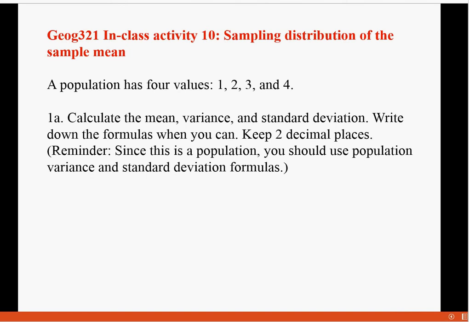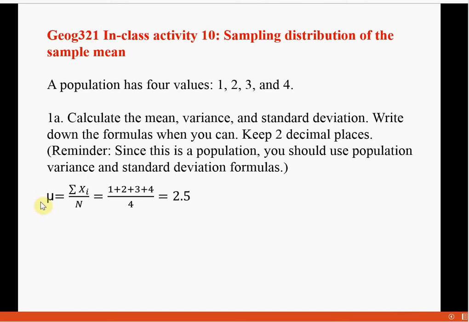Okay. 1a, calculate the mean, variance, and the standard deviation. A reminder, since this is a population, when you calculate the population variance and the standard deviation, you should use the population formula. Okay. Now this is a formula for population mean.